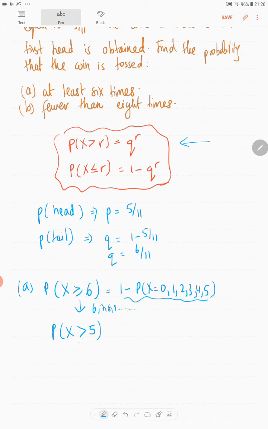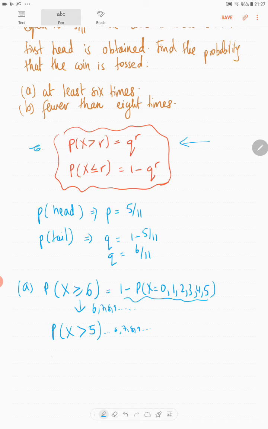If we use probability X greater than 5, again the values will be 6, 7, 8, 9 and so on. So these two are similar, but we will write it in this way because we can use this result.